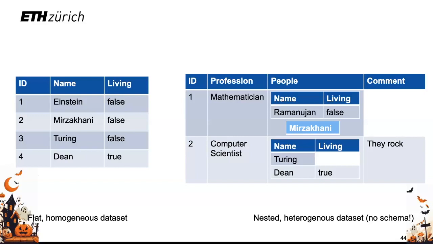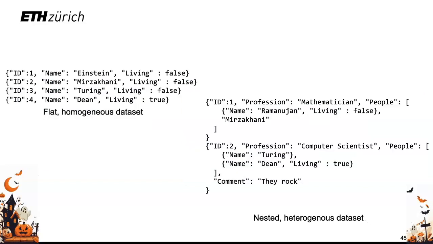In fact, you might still be able to build a schema. For example, I could do something very high level, like ID is an integer, profession is a string, people is an array of items, and comment is a string, right? So you will always find a way. You can even technically create a schema that has no key at all and say it's open, you can accept anything. Then that is a schema that accepts everything. So you will always be able to do that.